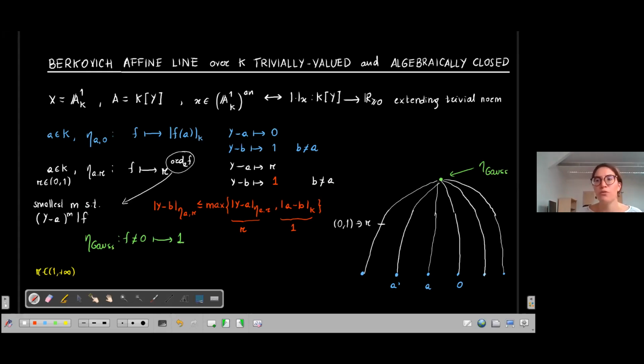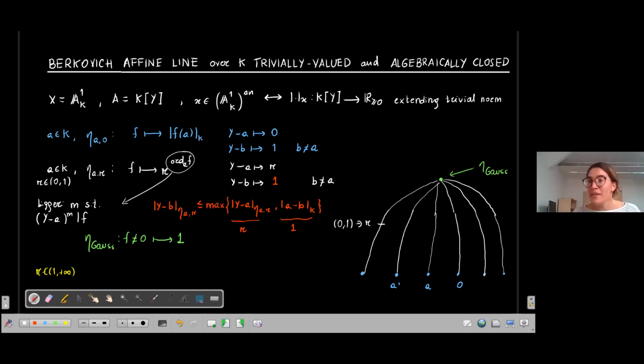That will be the order of f at a. Dan's pointing out, you said smallest, but you meant largest. Yes, sorry, you're right. The biggest m such that. Thank you for the correction.